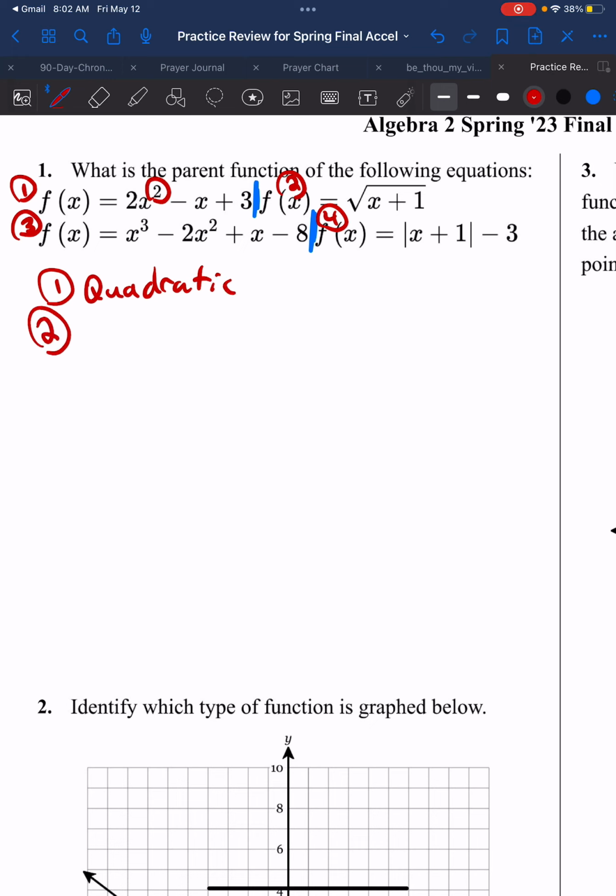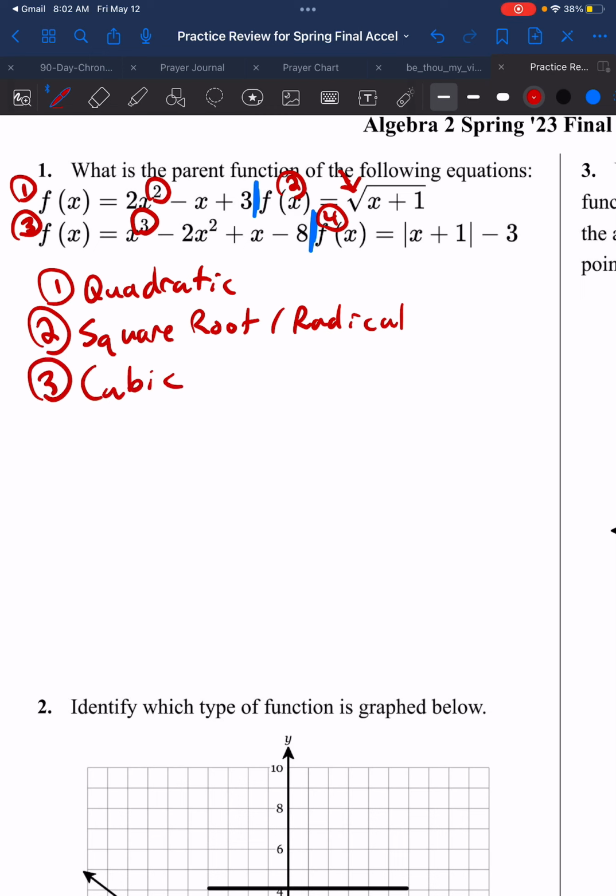Function 2, because it's a square root with nothing in the index, is a square root or radical function. Because of the 3 here, function 3 is a cubic. And function 4, because of these little bars right here, is an absolute value. Okay, so that one's pretty much just remembering what features tell you what kind of parent function it is.